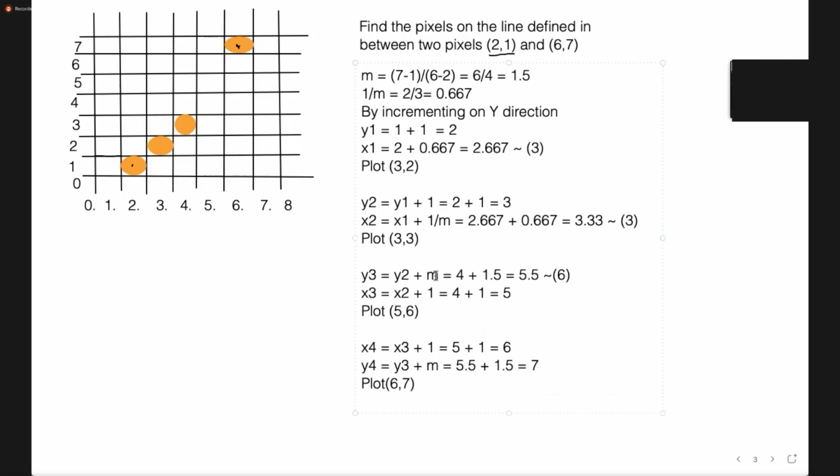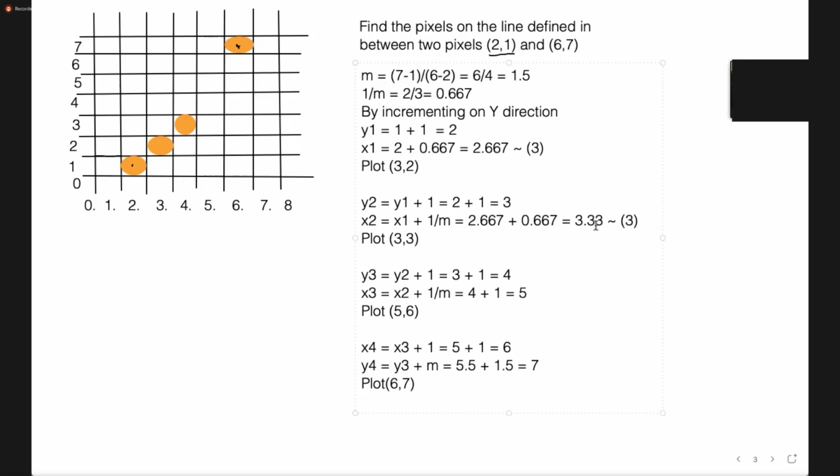Here we have to take 1. Y2 is equal to 3 plus 1, then it will become 4. Y is 4. X3 is 1 over m.